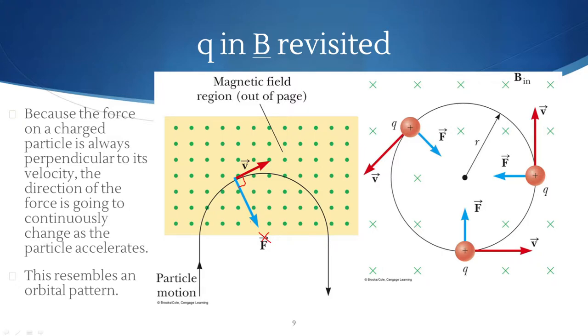And the amount to which it turns is going to depend on what this force is and the mass of the particular particle. Even if two charged particles have the same force acting on them, they might form different circles, because if they have different masses, they're going to accelerate at different rates. So the size of the semicircle that forms is going to depend on what the particular particle is made of, what its charge is, what its mass is.